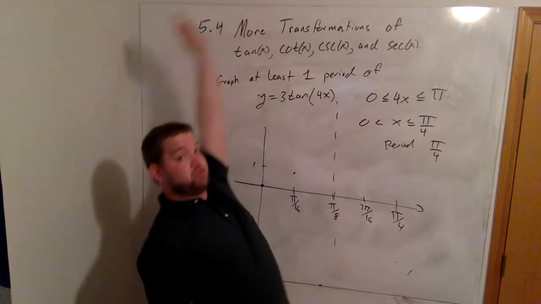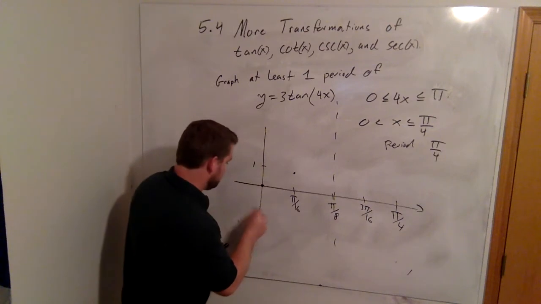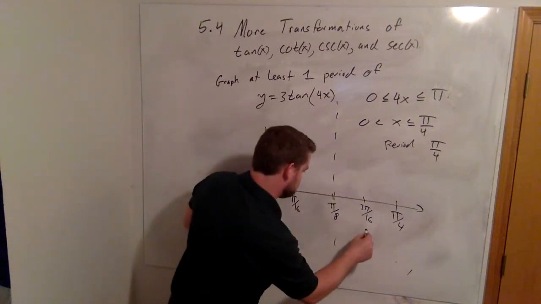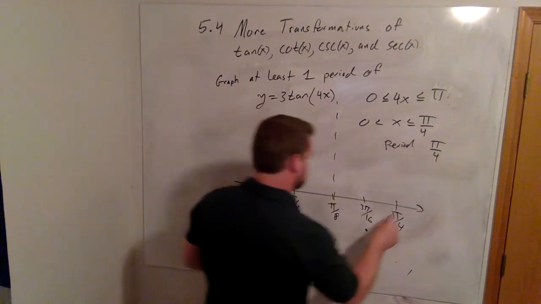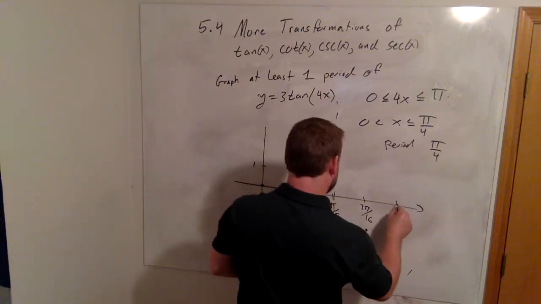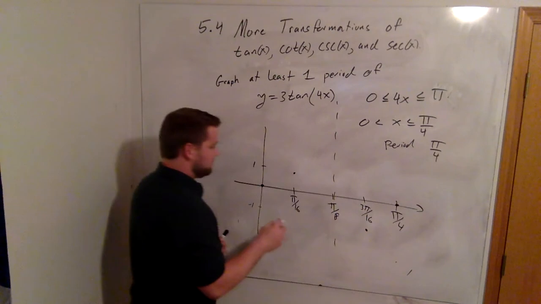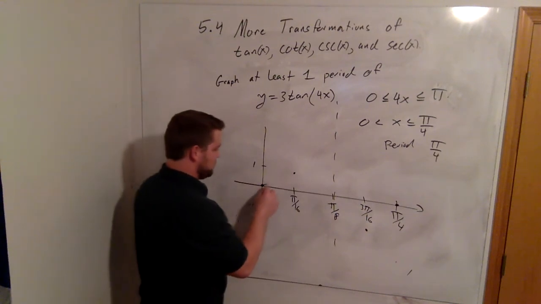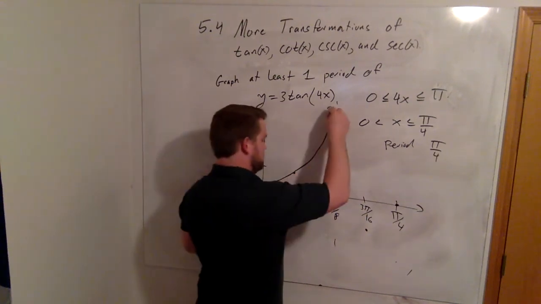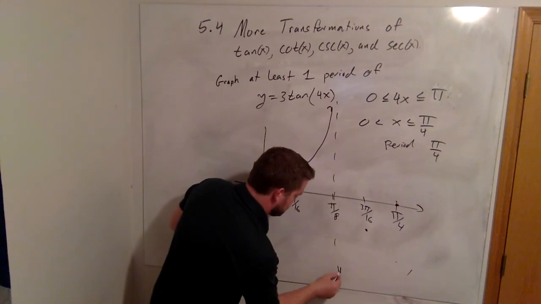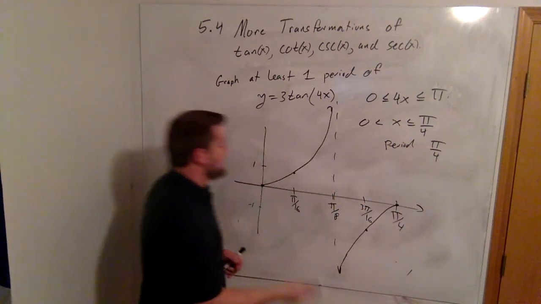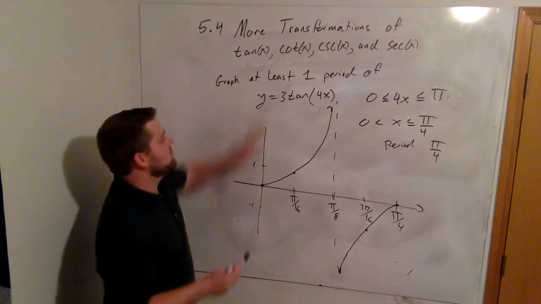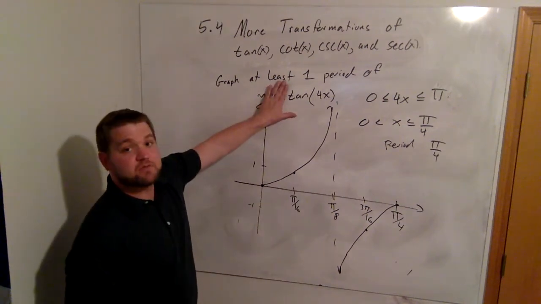Then slope of -1, slope of -1, slope of -1, and then slope of 0. So the graph will come up, it'll be down, and it'll come back up and hit 0. So here's the graph of one period of just tangent of 4x.